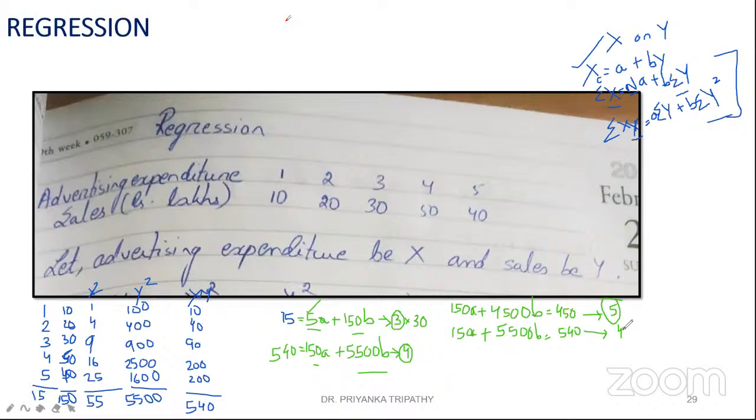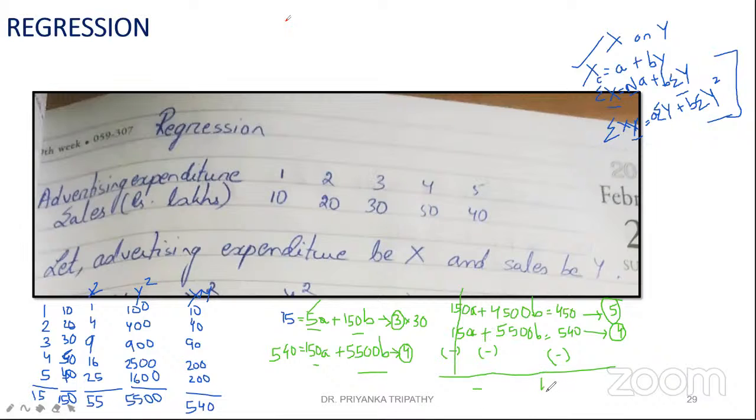Now in simultaneous equations, the signs can be changed. This is plus, so we can put minus. This is plus, so we can put minus. And this one is plus, so we can put minus. So plus 150 minus 150, it will be cut. So what is left?